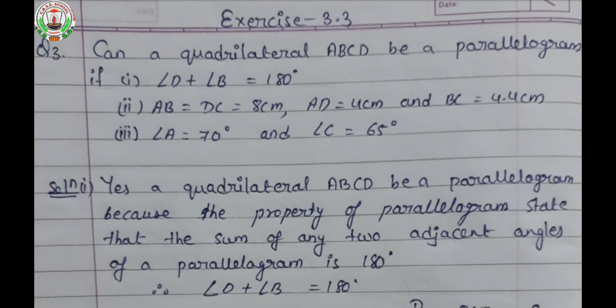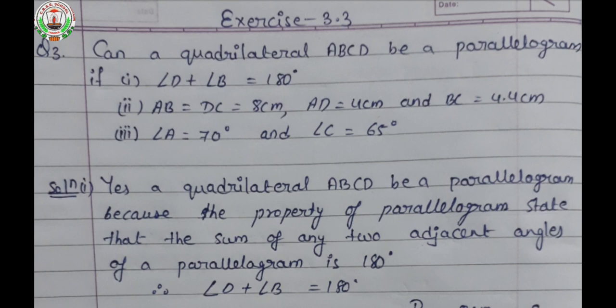Now in the first question, it is said that angle D plus angle B is equal to 180 degrees, isn't it? That means angles B and D are adjacent angles. So we can say that yes, a quadrilateral ABCD can be a parallelogram if angle D plus angle B is equal to 180 degrees. Why is it so?